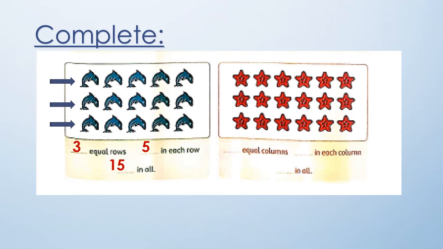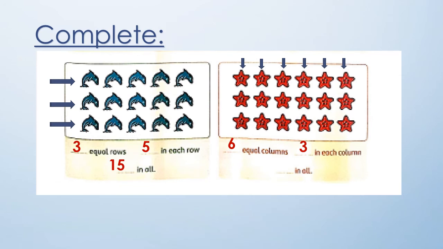The next, how many equal columns? Let's count. 1, 2, 3, 4, 5, 6. There are 6 equal columns. And how many stars in each column? Excellent. Three stars in each column.